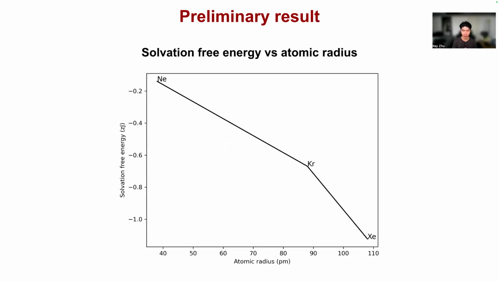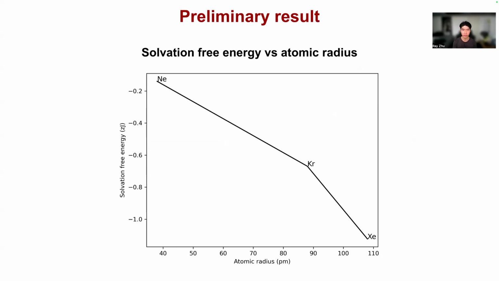The other thing I did was plot the solvation free energy versus atomic radius, because intuitively, the noble gases are single atom molecules, and so, as you can imagine, for different atomic radii, the interaction between the atoms also differs.